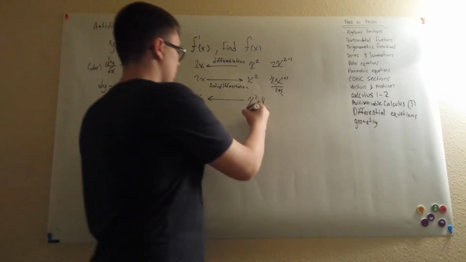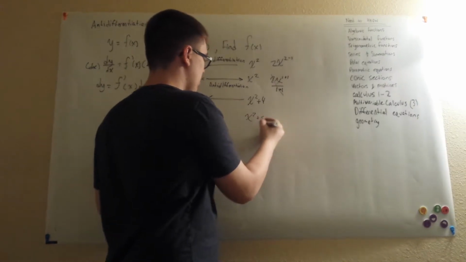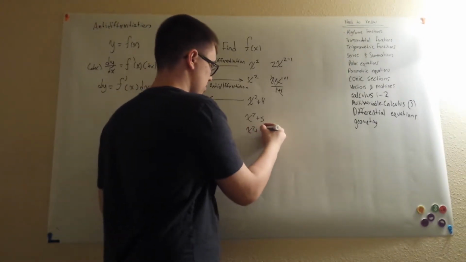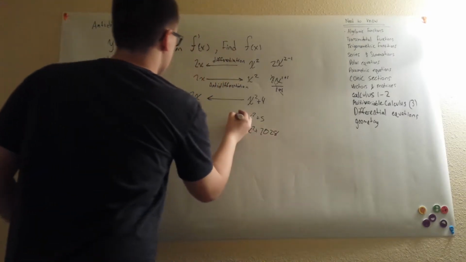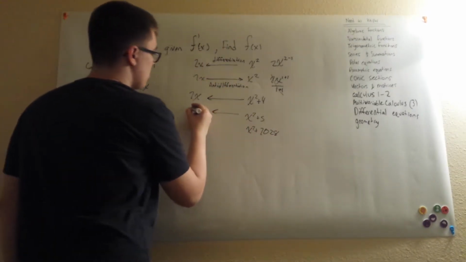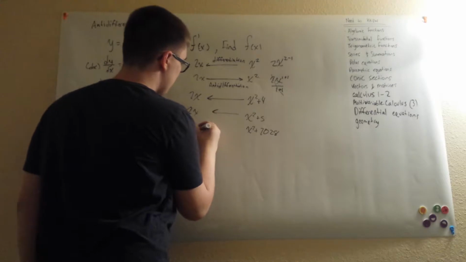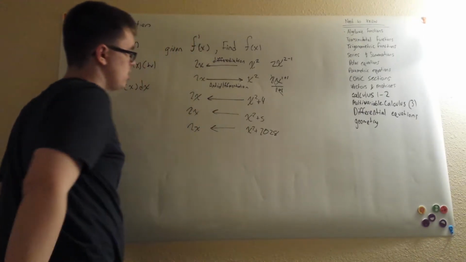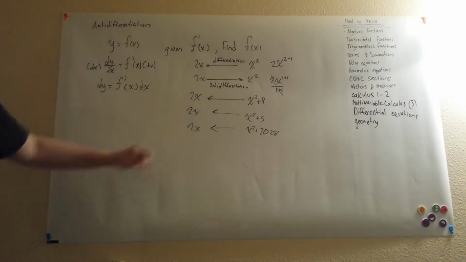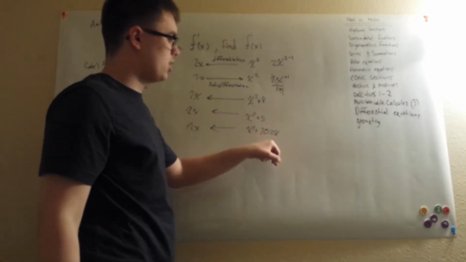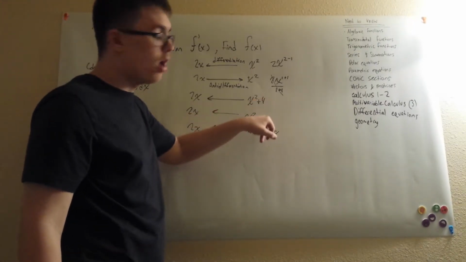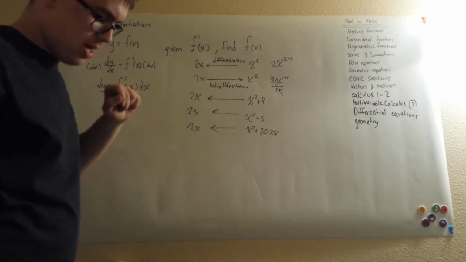And if we had an x squared plus 5 or an x squared plus 7,028, these would all give me back a derivative of 2x. So I won't actually know what constant to add.